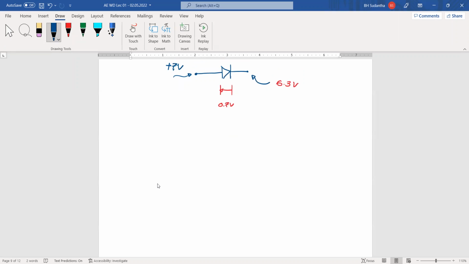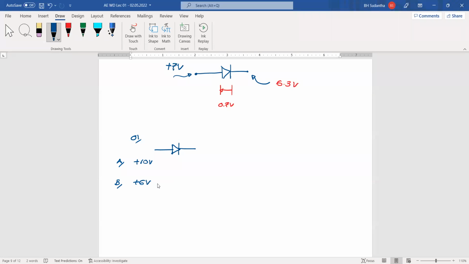Okay. Can you answer these questions? When you apply plus 10 volts to this one, what will be the other side voltage? And B, plus 6 volts.